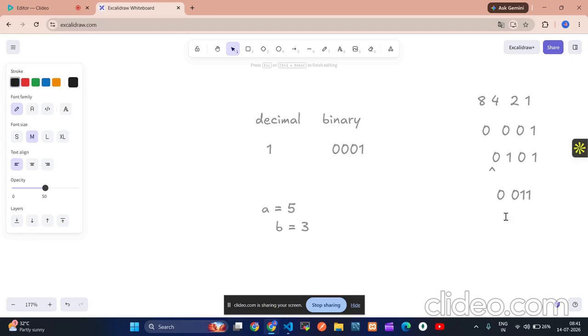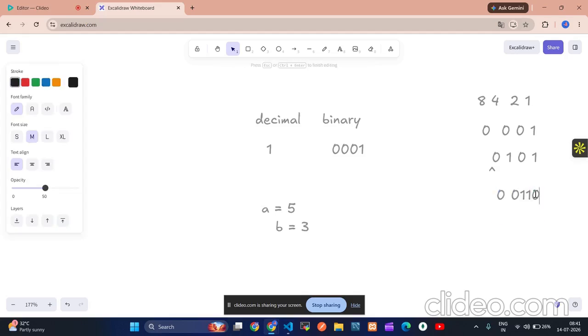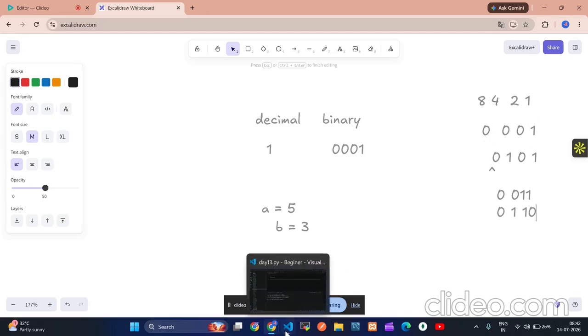If both bits are the same, the result will be 0. So 0 XOR 0, the result will be 0 because both values are the same, and 1 XOR 0, the result will be 1, and 0 and 1, the result will be 1, and 1 and 1, the result will be 0 because both values are the same.